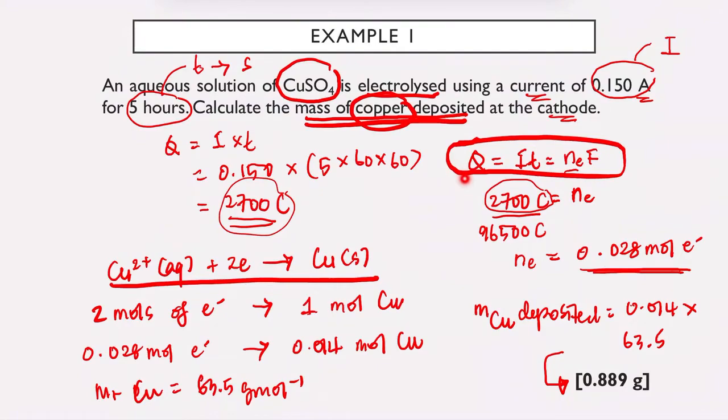In order to relate these two, you need to use stoichiometry from your balanced equation. So from the overall cell equation, you do stoichiometry and get the mass of copper deposited. When the electric charge is passed through, you know how much copper is produced.